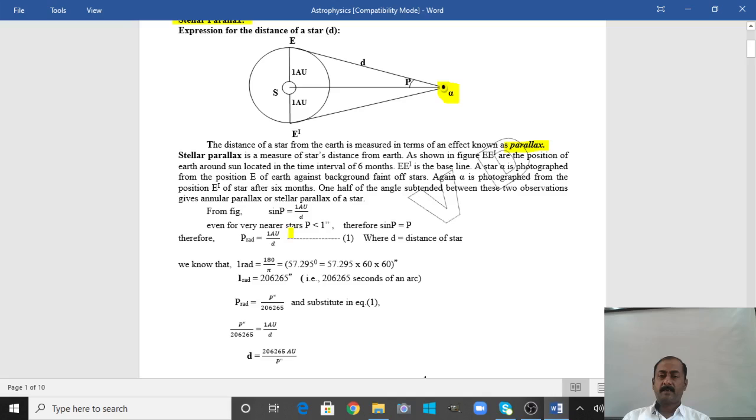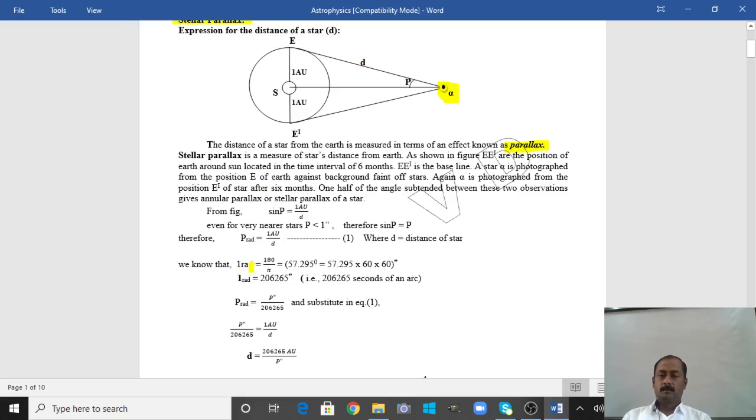Even for very nearer stars p is less than 1 second of an arc, therefore sin p equals p. The sin term is ignored here. Therefore the subtended angle p in terms of radian is equal to 1 astronomical unit upon d. Let it be equation 1. Here d is the distance of the star from the surface of the earth at the position E.